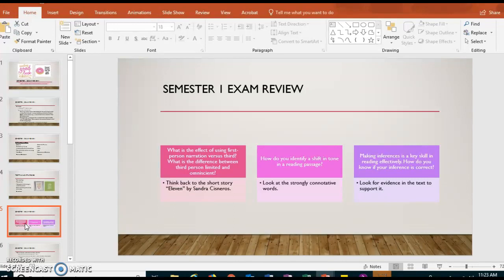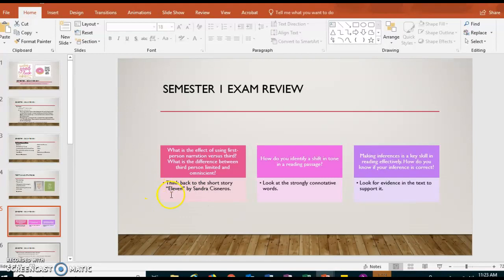Okay. So what is the effect of using the first person narrative versus third person? And what is the difference between third person limited and omniscient? I'm looking, hold on one second. Okay, so this threw me off a little bit.